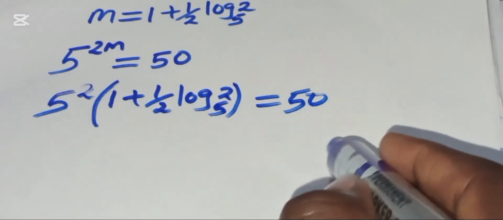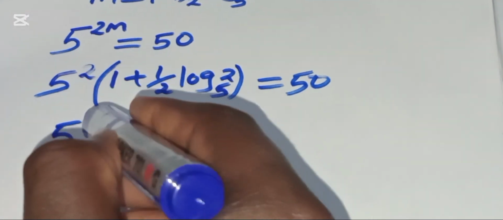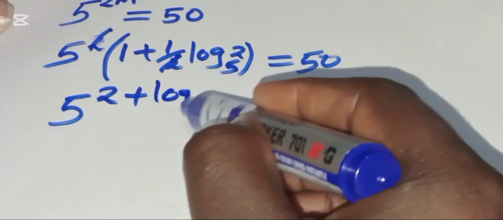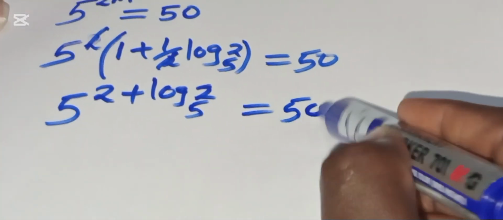Now from what we have here, this is the same thing as 5 raised to power 2 times 1, which is 2, plus 2 times the half, which simplifies to log 2 to base 5. This should give us a value of 50.